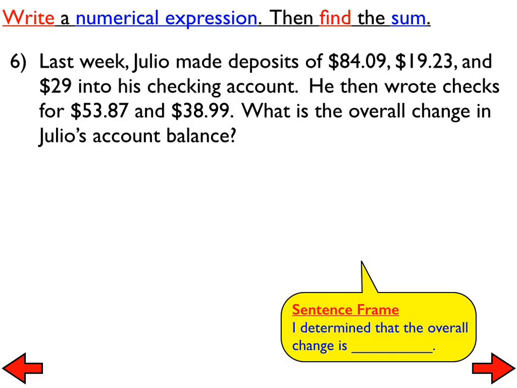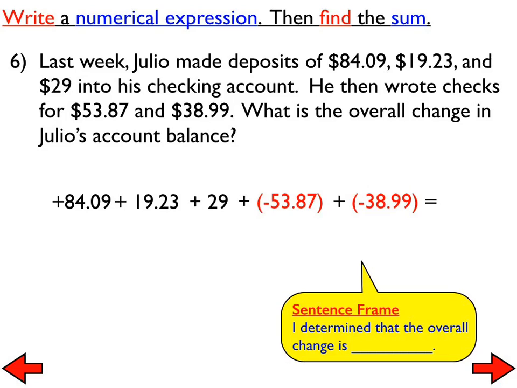So let's compare. When we gather up all of our positives, let me write all these down first. We have 132.32 positives. When I add $84.09 plus $19.23 plus $29. When I gather all my negative numbers together, in other words, the things that represent negative numbers, we end up with 92.86 negatives.